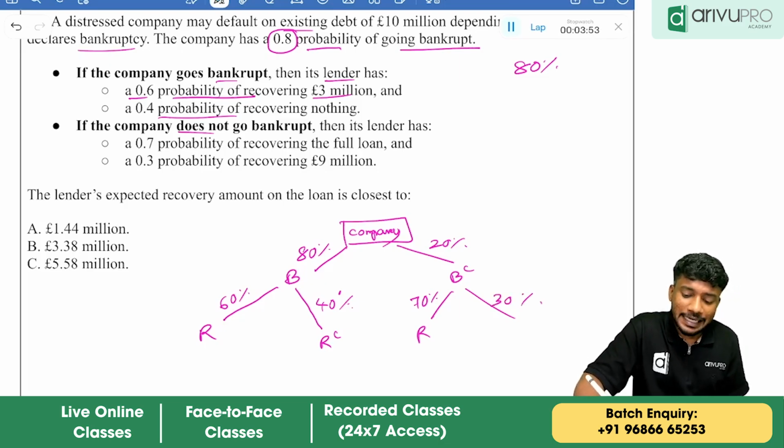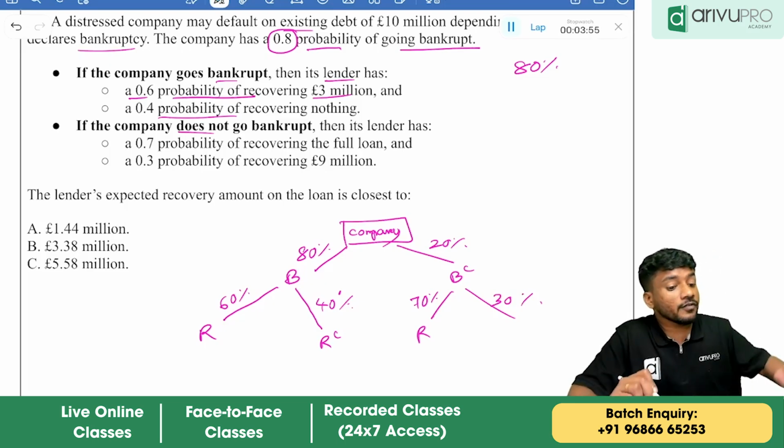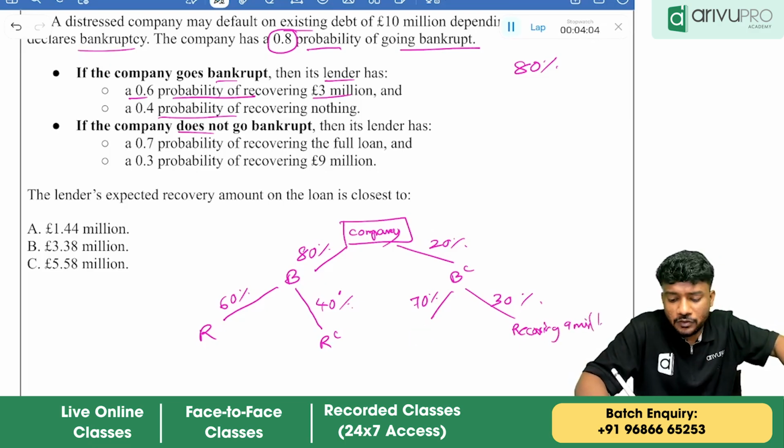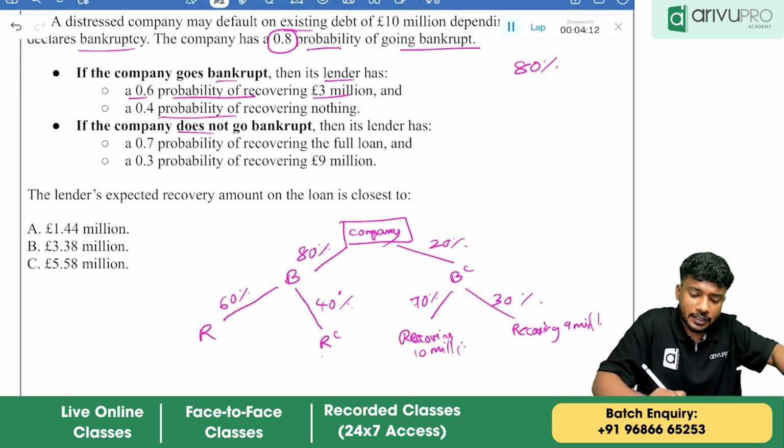Recovering 10 million is the case here, and here it is not recovering anything, so recovering 3 million.